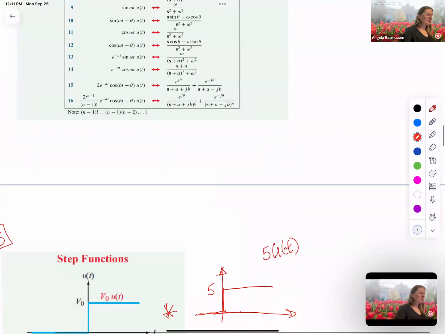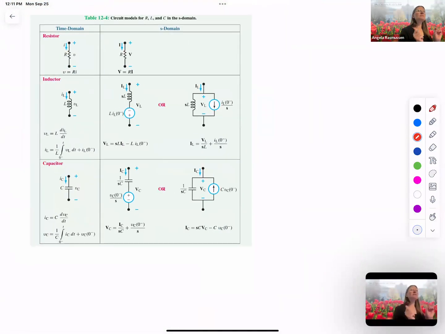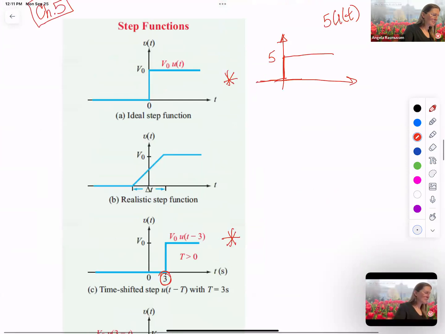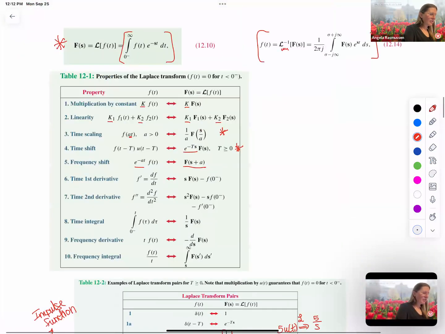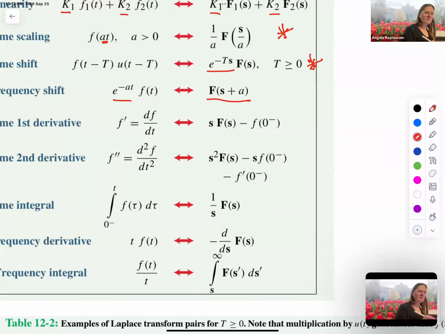So the next thing we need to know is how do we actually change the elements themselves? To change the elements, well, actually, I'm going to go back to some of those properties. The derivative property I'm going to use to actually change the elements.